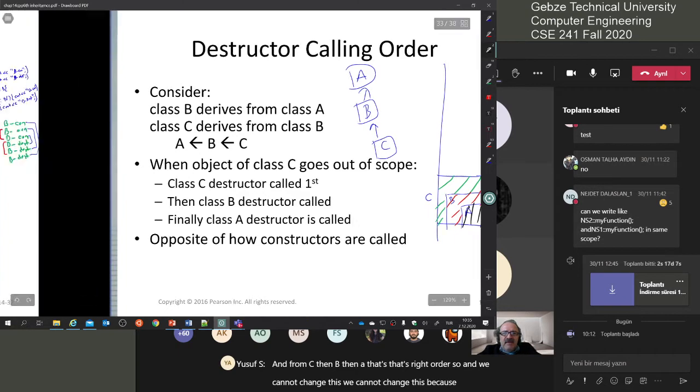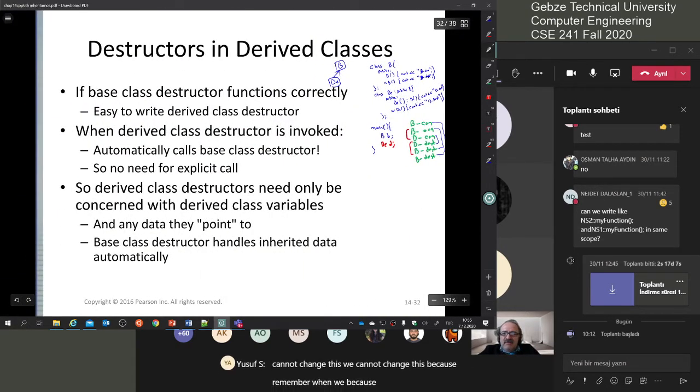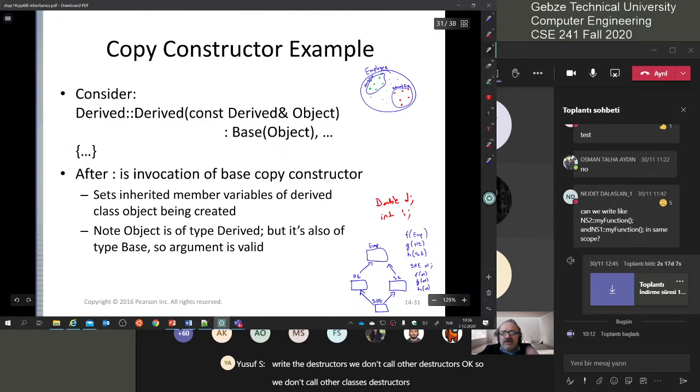Because remember, when we write the destructors, we don't call other classes' destructors. Okay, question for you. When we write a copy constructor, we call the base class's constructor, right? Why don't we do the same thing when we write a destructor? We don't call the base class's destructor, but the destructor is called automatically.